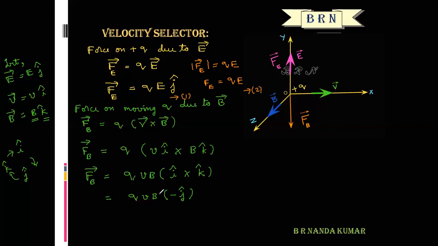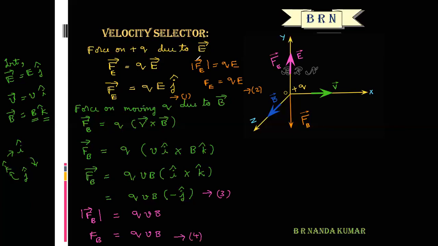Okay, so the magnitude of FB vector is QVB. The magnitude of minus J cap is 1. So FB is equal to QVB. Call this equation number 3 and this equation number 4.